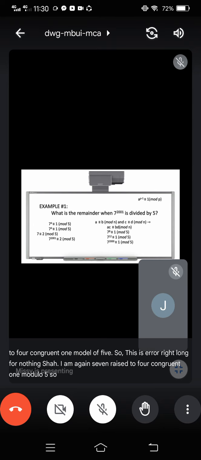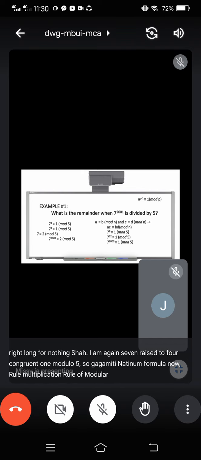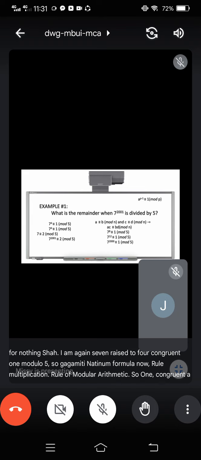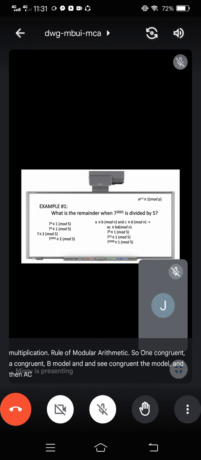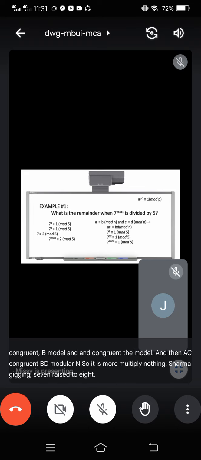The rule says: if a is congruent to b modulo n, and c is congruent to d modulo n, then ac is congruent to bd modulo n. So, i-multiply natin siya, magiging 7 raised to 8 congruent to 1 modulo 5.